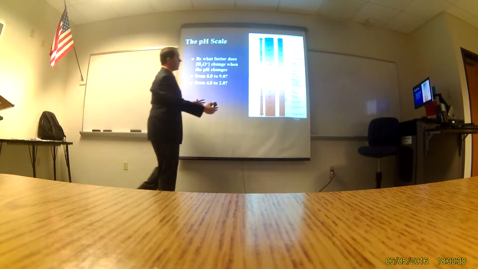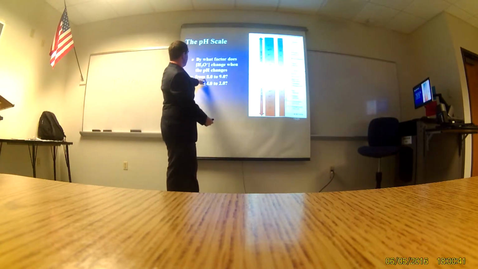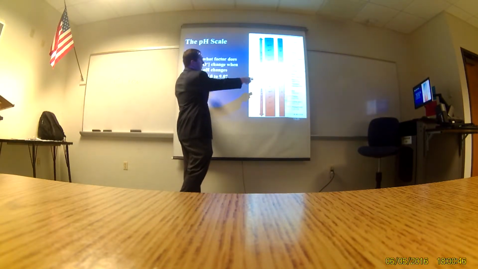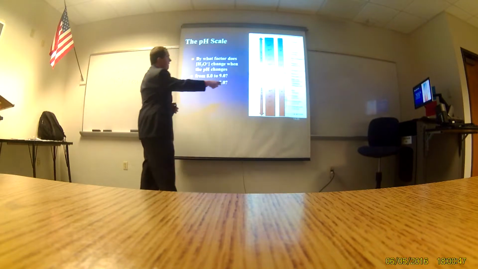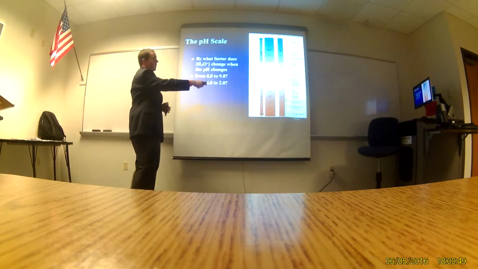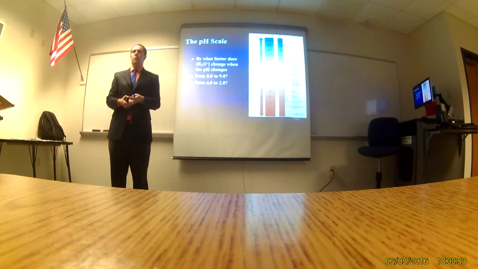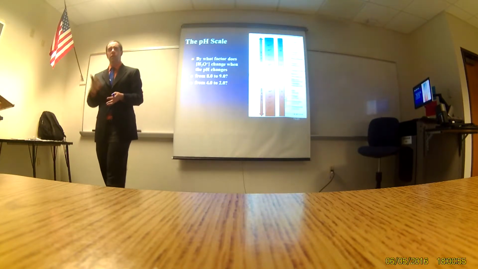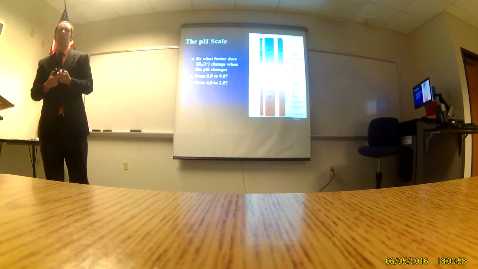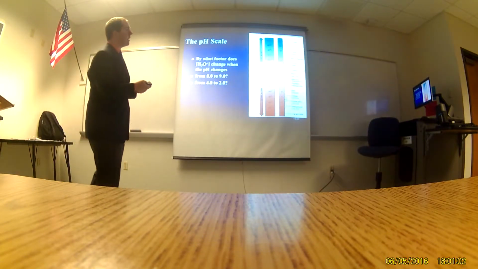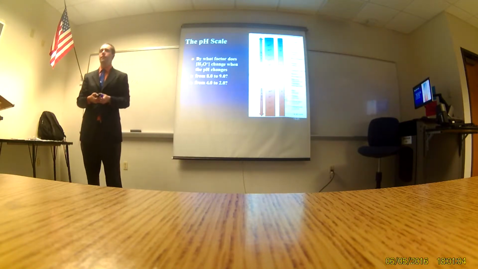Now let's look at this chart. When we go from pH 8 to pH 9, by what factor does the concentration change? Does it double? Does it triple? What is the change there? The concentration is going from 10 to the -8 to 10 to the -9.